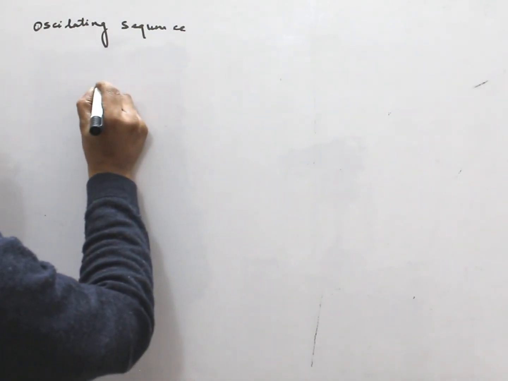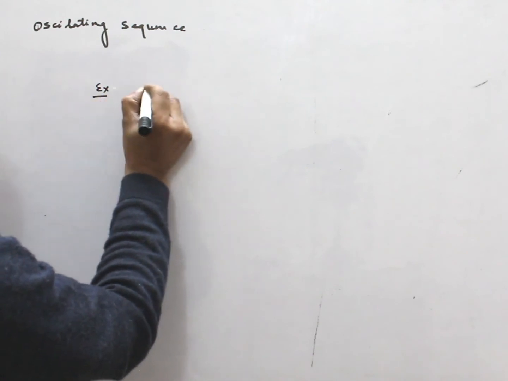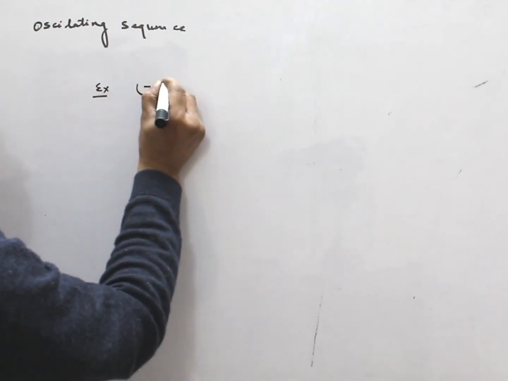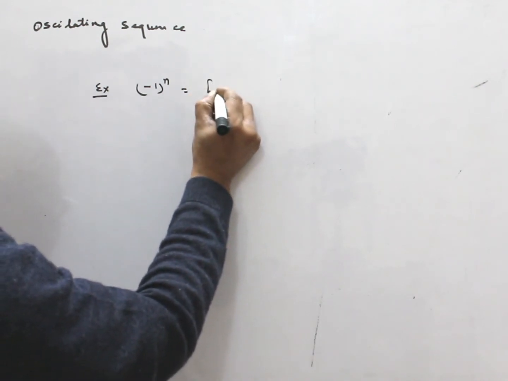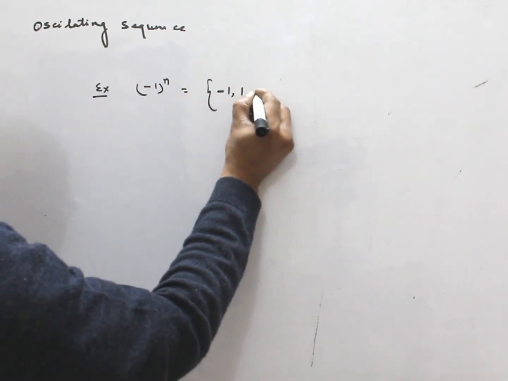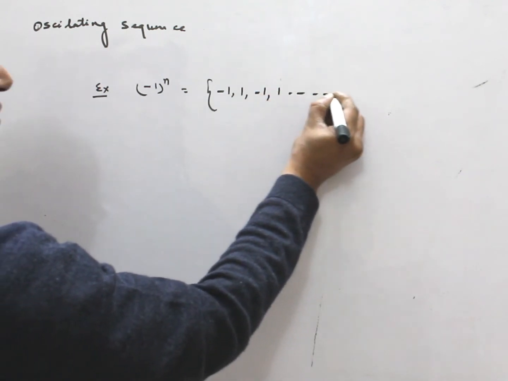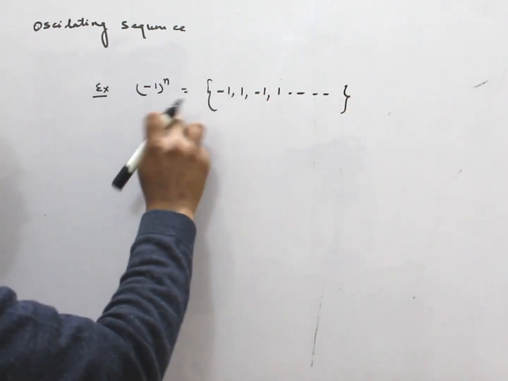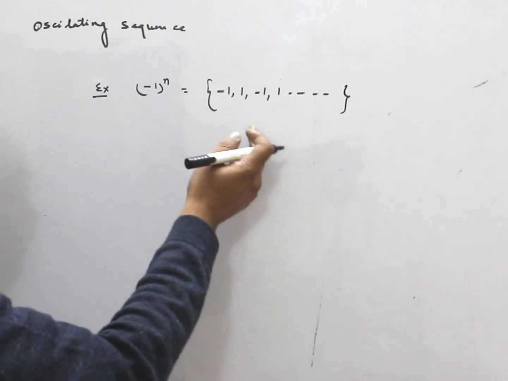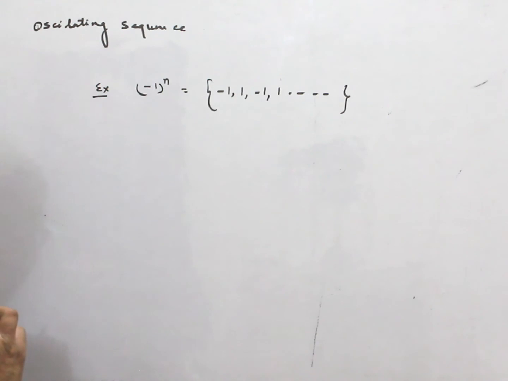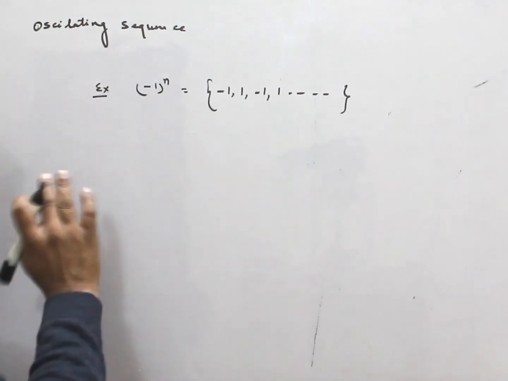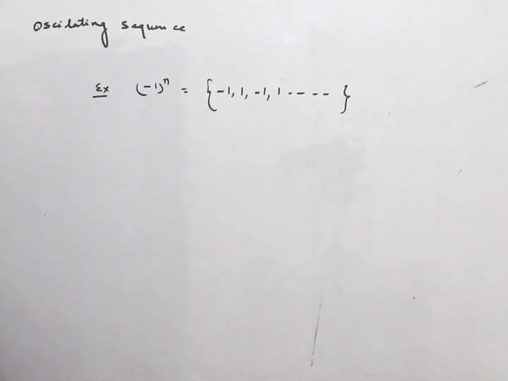For example, we take (-1) raised to n. This sequence in expanded form I write -1, 1, -1, 1 and so on. So this sequence oscillates between 1 and -1. That means sometimes it takes value -1, sometimes it takes 1. So such sequences are also not convergent and we call them oscillating sequences.